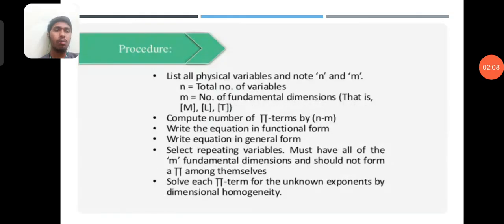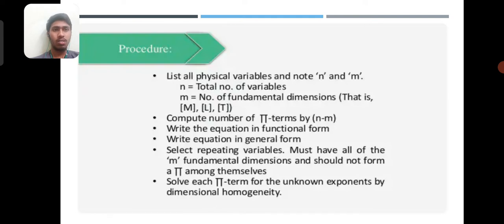The procedure: list all the physical variables and note n and m values, where n is the total number of variables and m is the number of fundamental dimensions, that is M, L, and T, and compute the number of pi terms by n minus m.